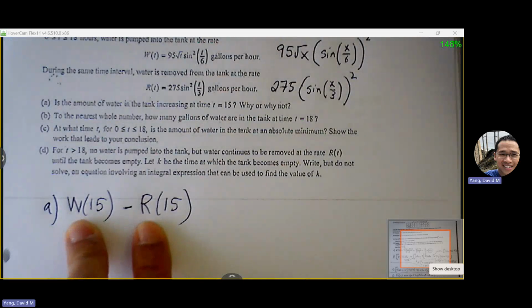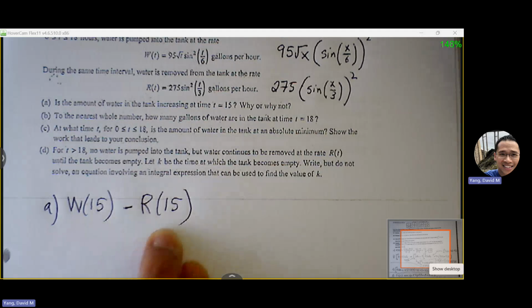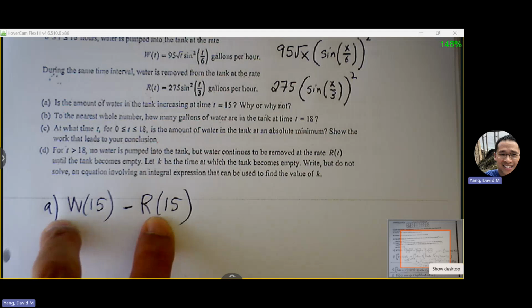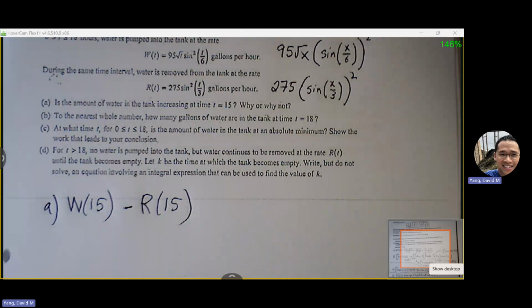If I get a positive value, I know W of 15 is going to win out. It's going to have the higher value, so my amount is increasing. But if R of 15 is greater, then R of 15 is going to have a higher value. So I'm really just looking to see which one is greater.